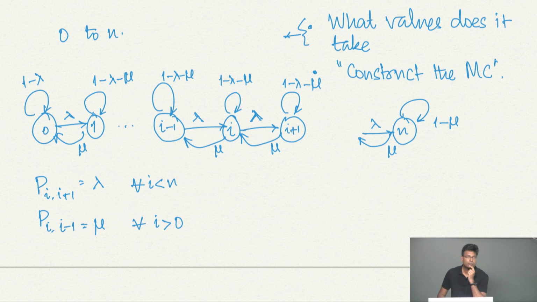Now, what will be the stationary distribution for this? I want to compute a stationary distribution for this Markov chain.